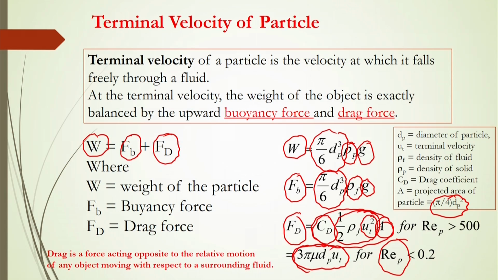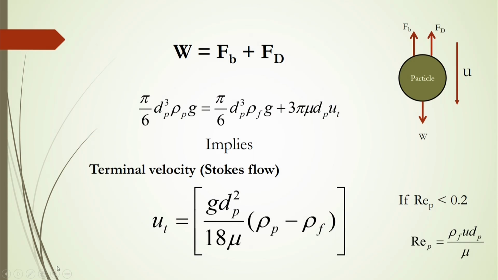Now, if we equalize these forces as per this equation, W is equal to F b plus F d, then we will get the following. If we substitute for W, that will be equal to pi by 6 dp cube rho p into g, and F b will be equal to pi by 6 dp cube rho f into g.